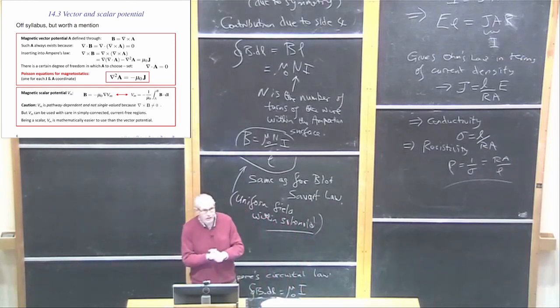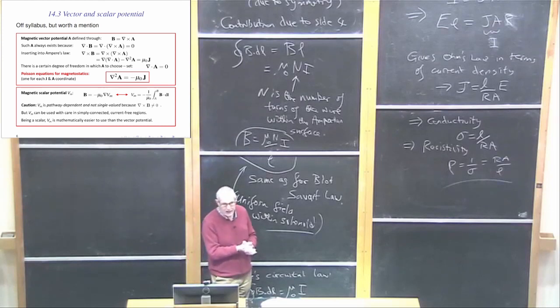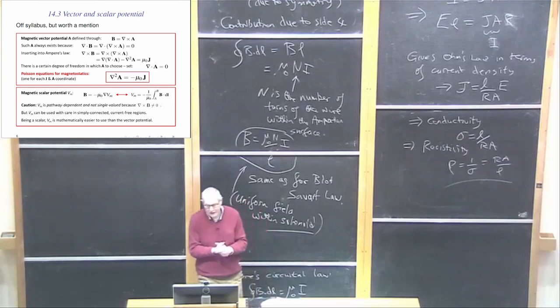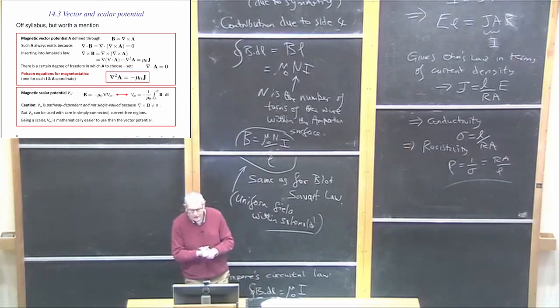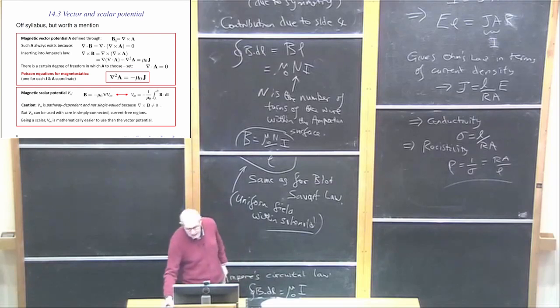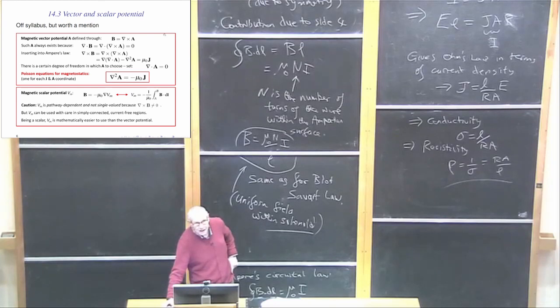By the nature of the magnetic field, there is an equivalent potential, but it's a vector. You drop the minus sign and you take the curl of it to get the field. So A is the magnetic potential defined by that. And if you want to ignore this from here on, you can.